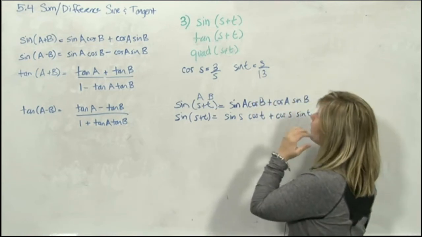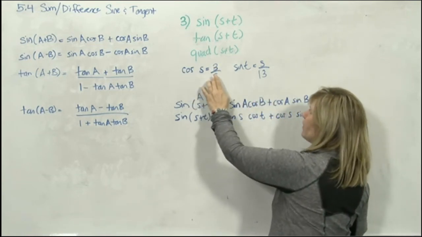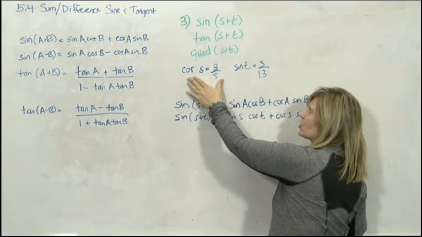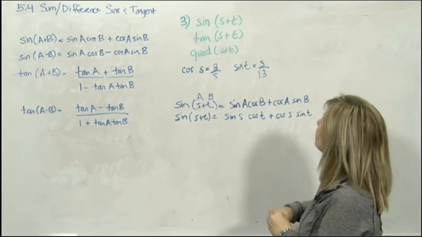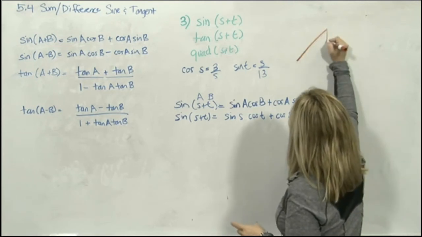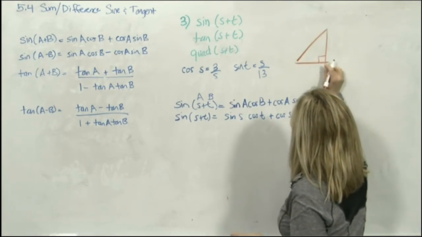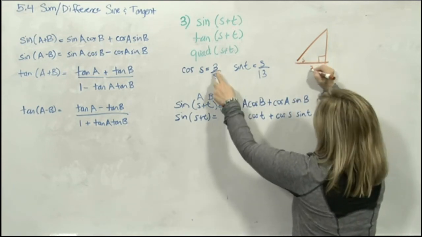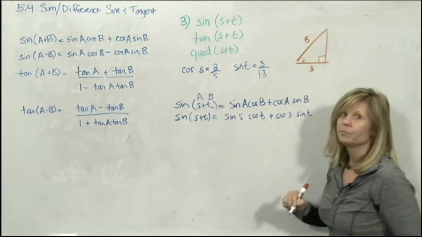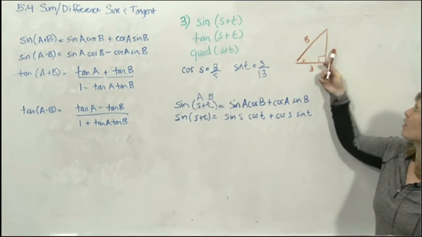From chapter 1, if we were given cosine s is 3/5, we know we have our definition of cosine. We have to draw a right triangle. Okay? So we draw a right triangle. Here's our angle s. Cosine is x over r. And we'd have to find our missing side.